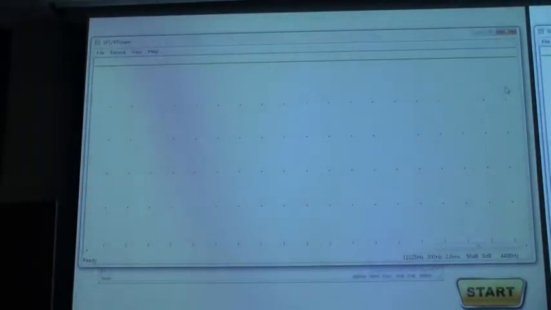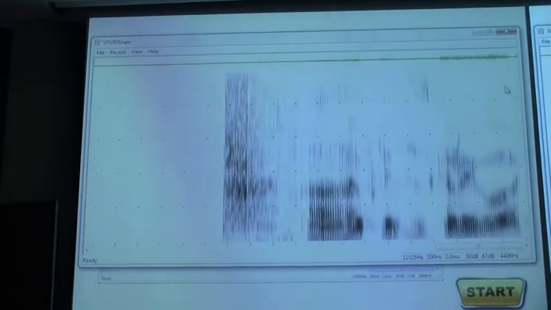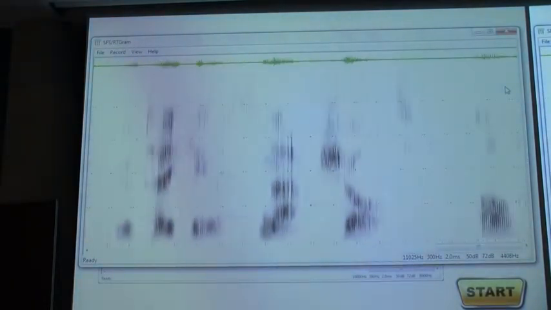So to move a snapshot like a spectrum into a movie, we build a spectrogram. We look at how the spectrum changes with time. In a spectrogram, we're taking a spectrum every thousandth of a second or so, taking a snapshot of the characteristic of the speech, and plotting this on a graph.